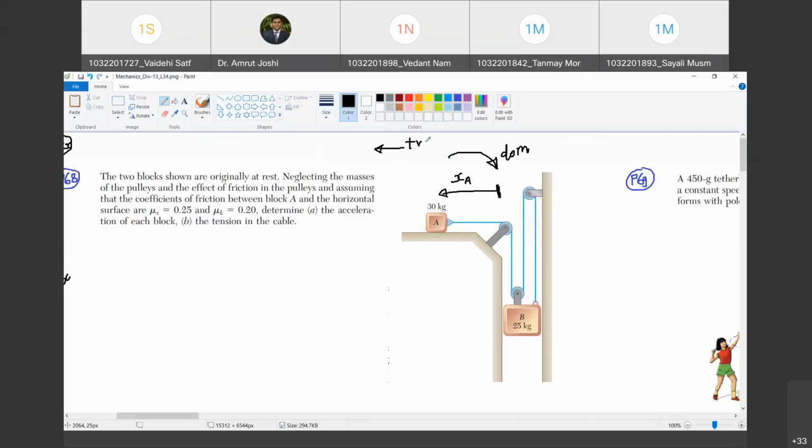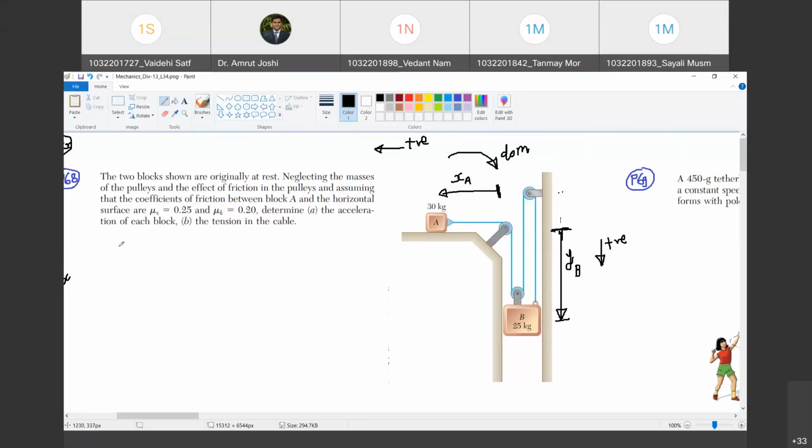You have to understand that. Similarly, I have taken this as a reference and this distance is called YB. The moment I do that, all the quantities that are directed downward are treated as positive. Happy? Yes, sir.